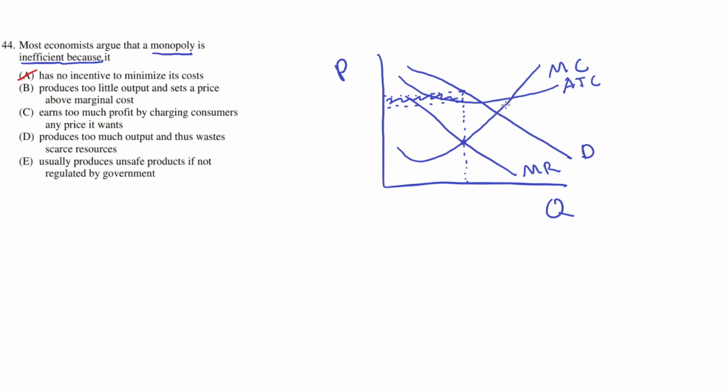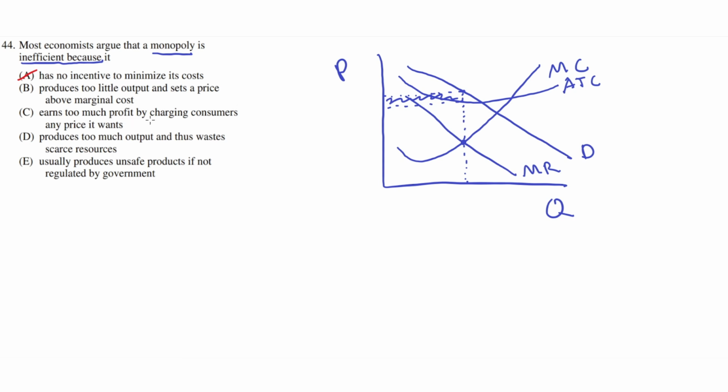And these are more of the optimal points for the market as a whole. Instead they set the quantity they produce to MC equals MR and set a high price. So therefore it is true that the monopoly sets a price above the marginal cost and produces too little output. So B seems to be the correct answer.